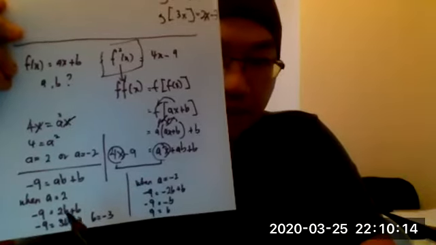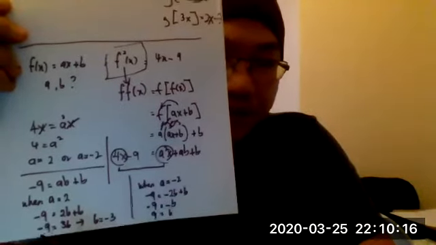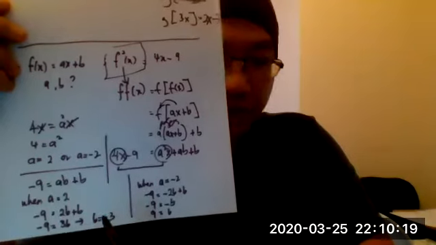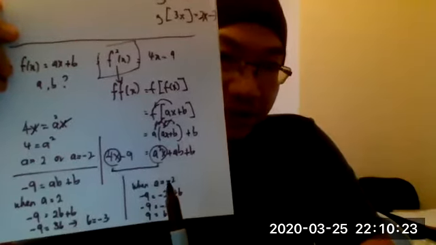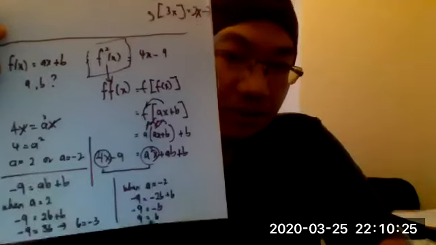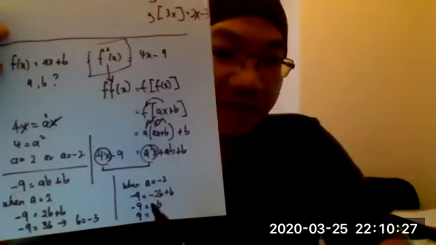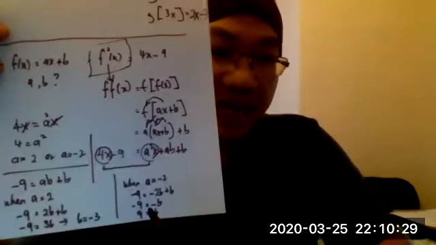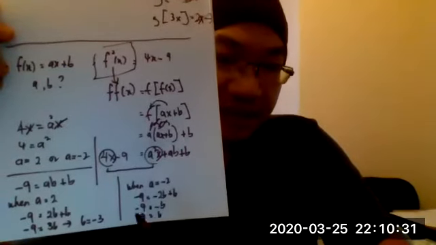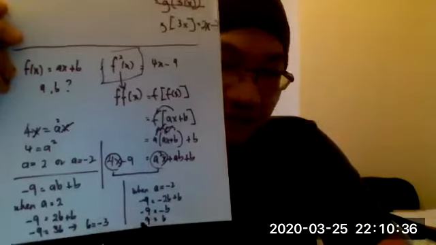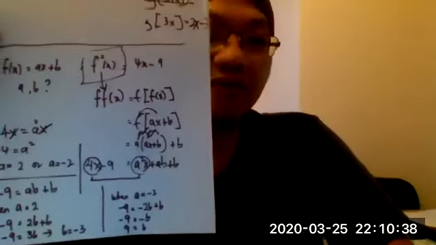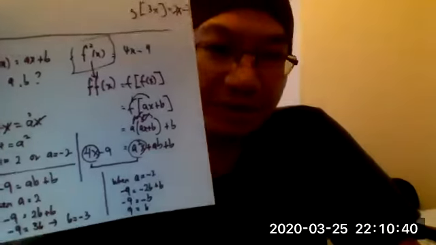So 2b plus b is 3b. 3b equals negative 9, so b equals negative 3. Very straightforward. But when a equals negative 2, negative 9 equals negative 2b plus b. Negative 2b plus b is negative b, equals negative 9, cancelling the negative, so b equals positive 9. So there are two values of b also. Not only a has two values, but b also has two values.